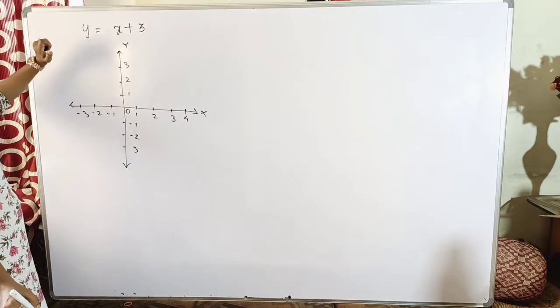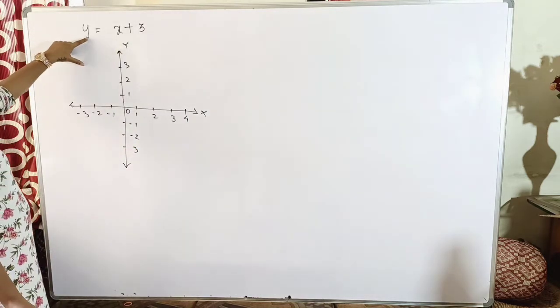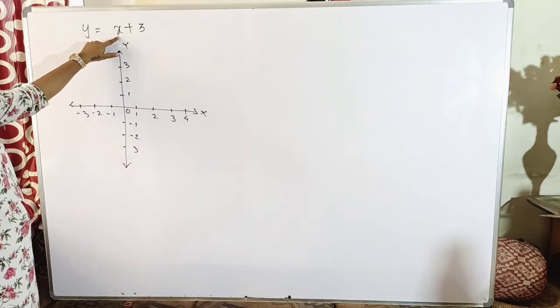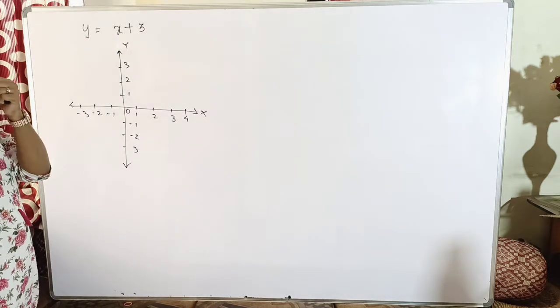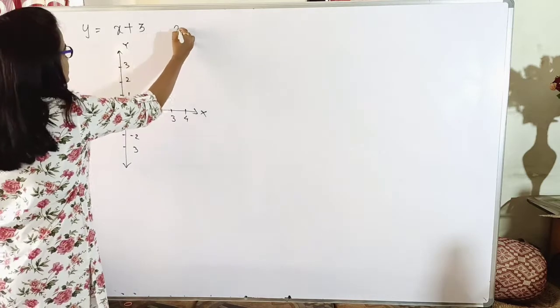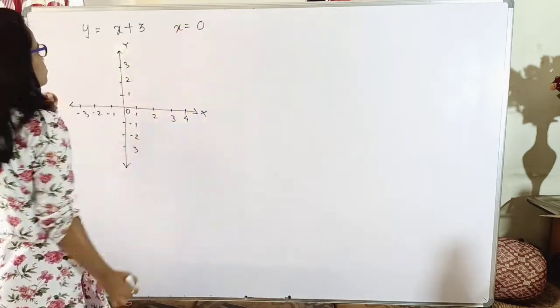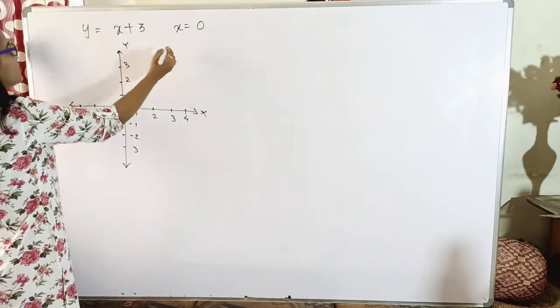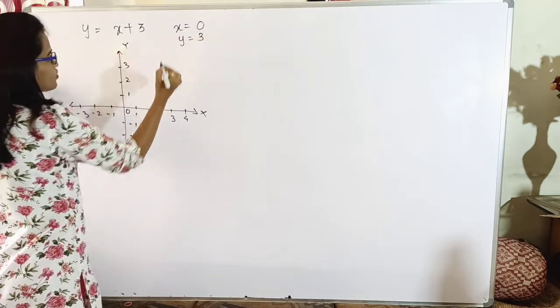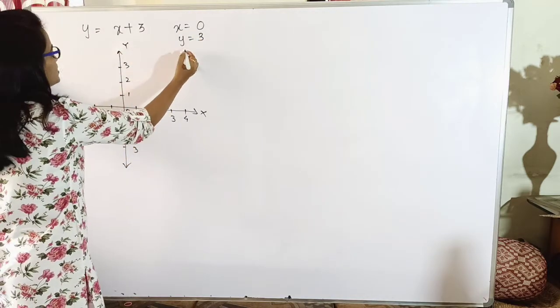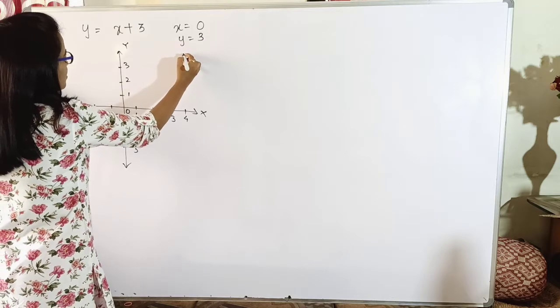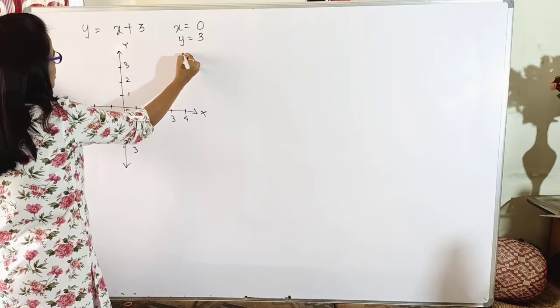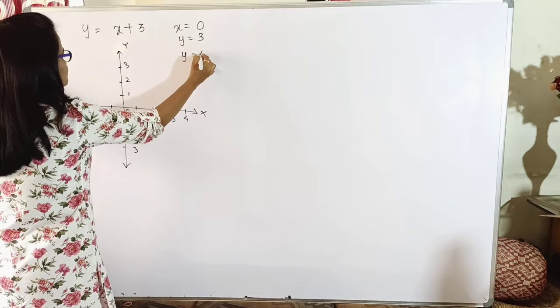Now how do we plot this? For taking different values of x, we try to see what values of y we get. Suppose I take x equal to 0. What do I get? It gives y is equal to 3. Okay, so this is my first value. Whereas what if I take y is equal to 0?